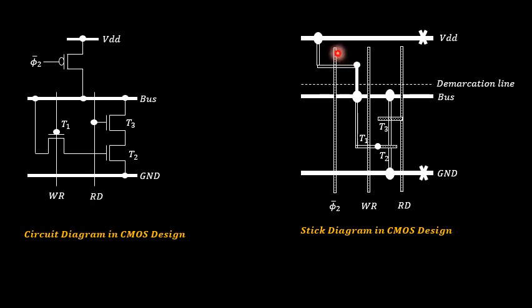So I have to take 3 polysilicon layers, because the gate structure is represented in terms of a polysilicon layer. This is the representation of polysilicon. So 3 polysilicon layers we need in order to have the 3 transistor dynamic memory cell stick diagram in CMOS.